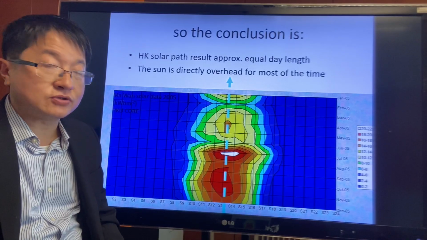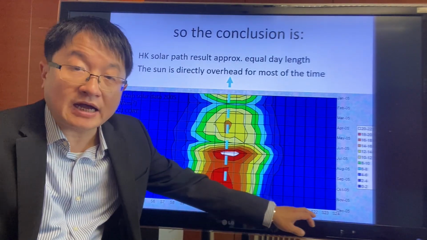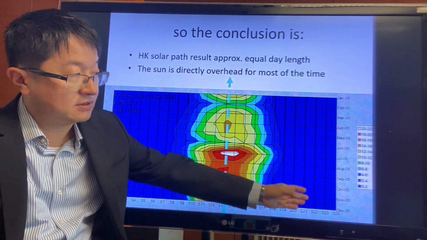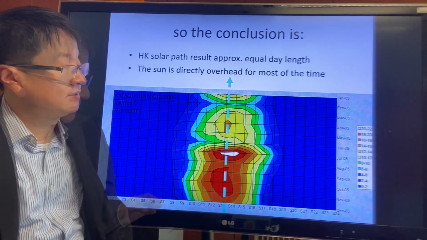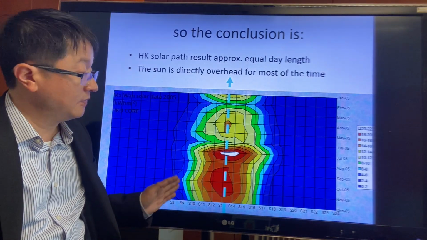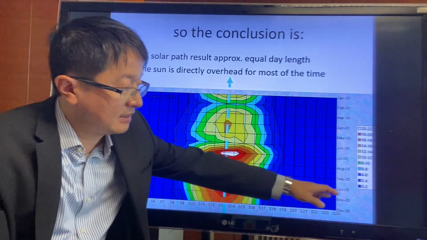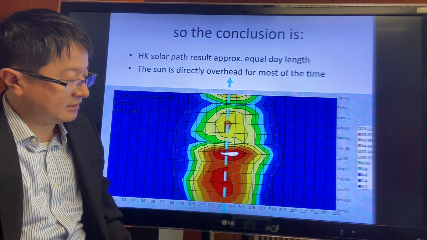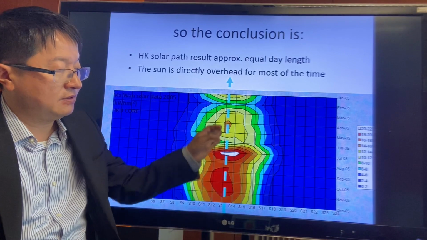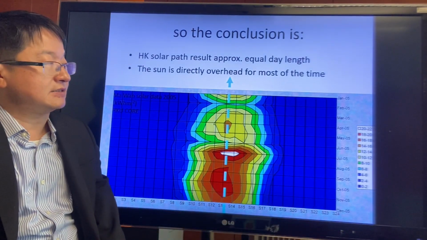And this diagram shows the solar intensity across different hours in the day and across different months in the year. Let's start in the morning at about 6 or 9 a.m. where the sun rises and then the sun intensity gets higher and higher. It's the highest at noon, and then afterwards it dies down after sunset.